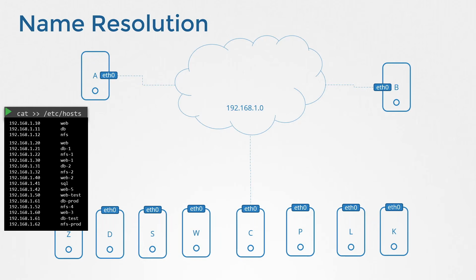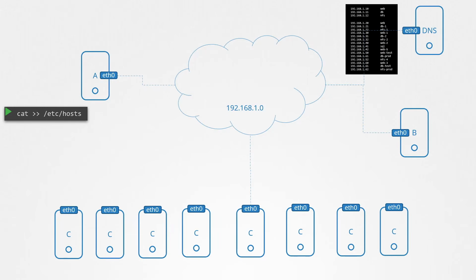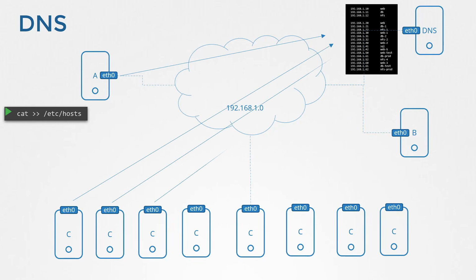If one of the server's IPs changed, you would need to modify the entries in all of these hosts. And that's where we decided to move all these entries into a single server that would manage them centrally. We call that our DNS server. And then we point all hosts to look up that server if they need to resolve a hostname to an IP address, instead of their own /etc/hosts files.